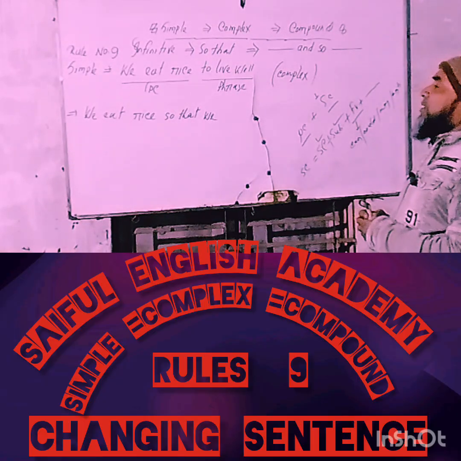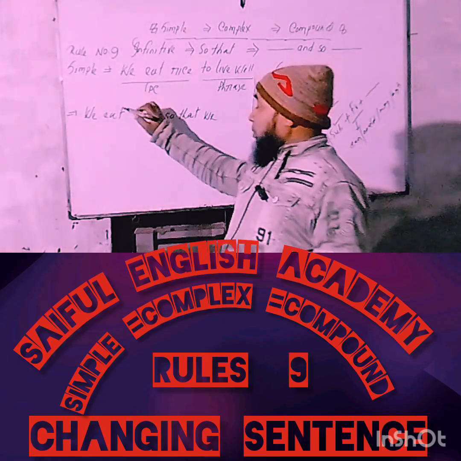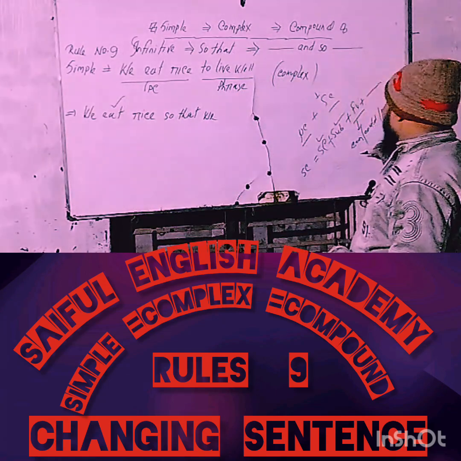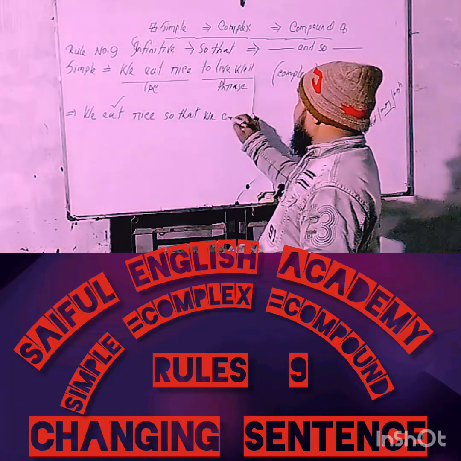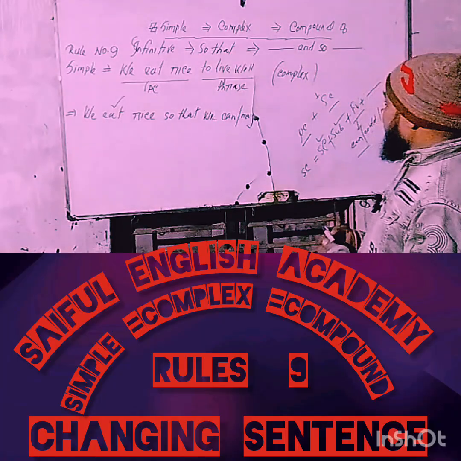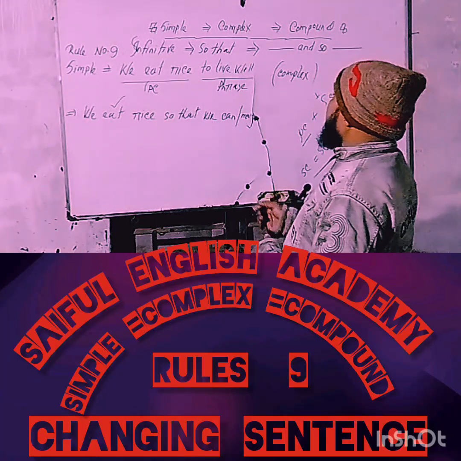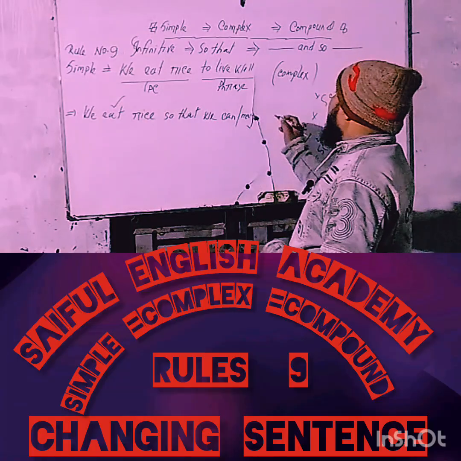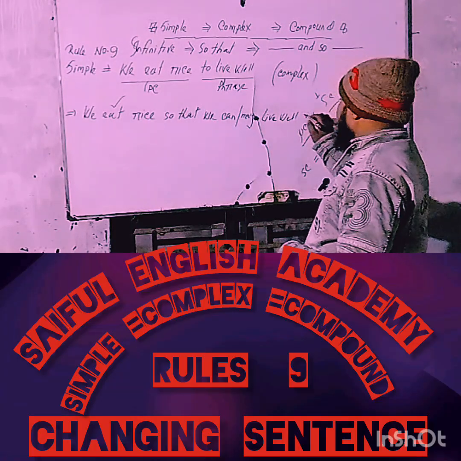If a present tense verb is used in the principal clause, you'll have to use can or may. So write can or may. Then write the verb from the phrase, live, then extension, on.